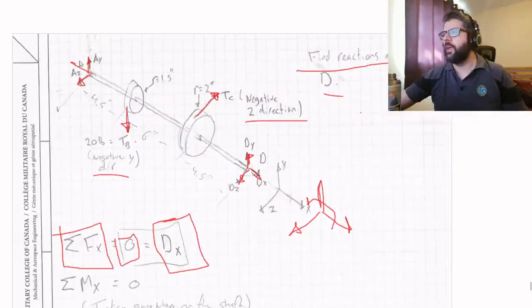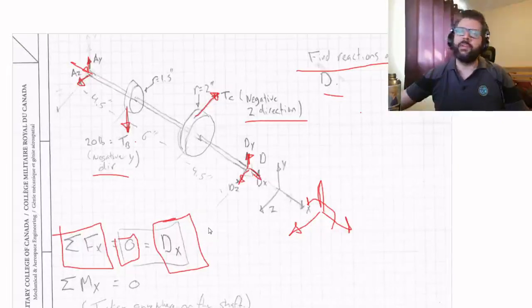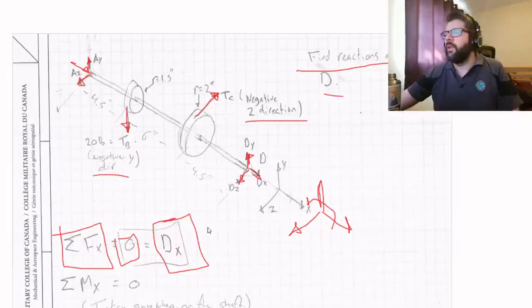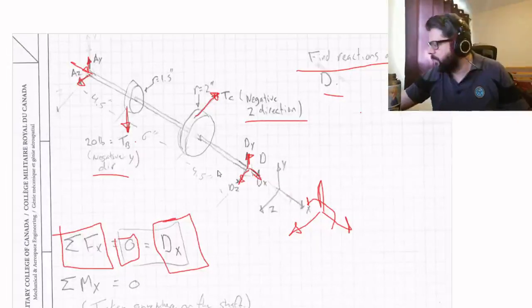If we had included an AX in here as well, then essentially all we'd be able to solve for is DX equal to AX, which would be annoying. It doesn't actually tell us what's going on there.